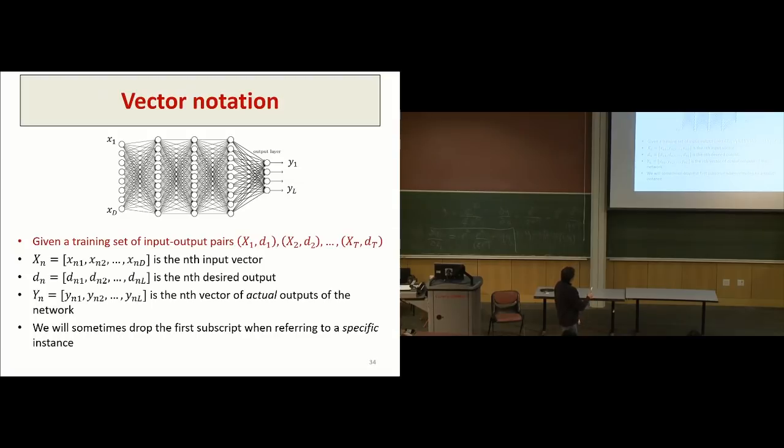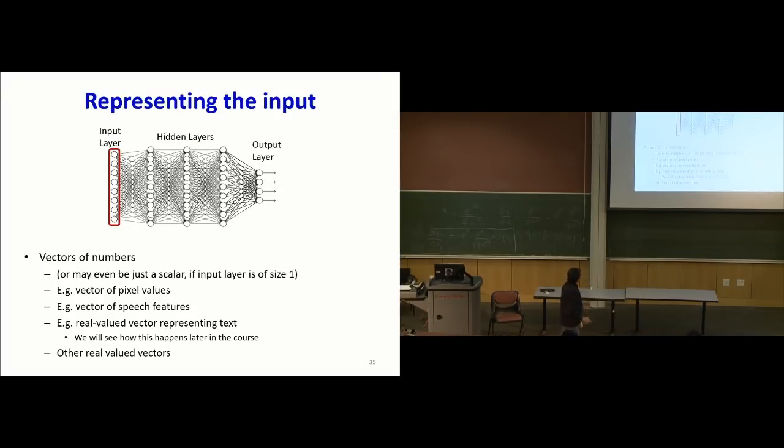Now, this first index n refers to the specific training instance. Very often we won't actually index the training instance, but talk in terms of individual instances for convenience, because adding that extra index doesn't really buy you anything but complicates things a whole lot. Now, what are these values?